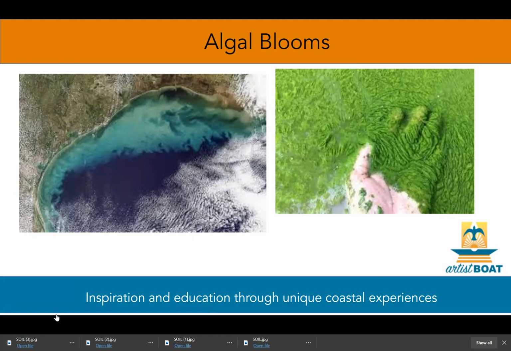This rapid development in algae and phytoplankton is called an algal bloom. And algal blooms can create dead zones beneath them. They prevent light from penetrating the water's surface, and they also prevent oxygen from being absorbed by organisms beneath them.